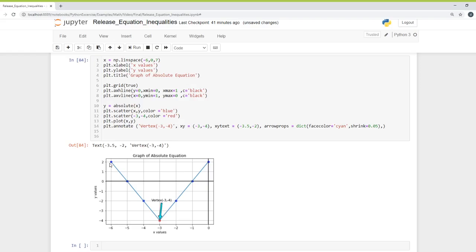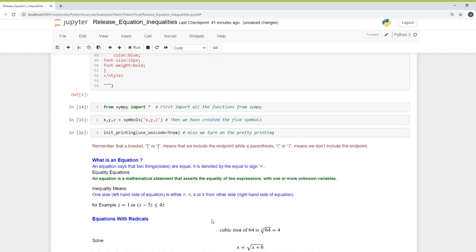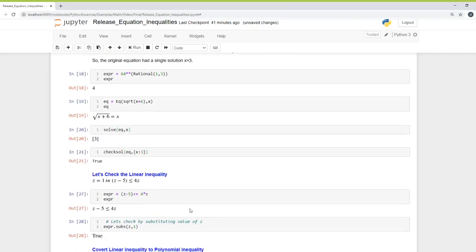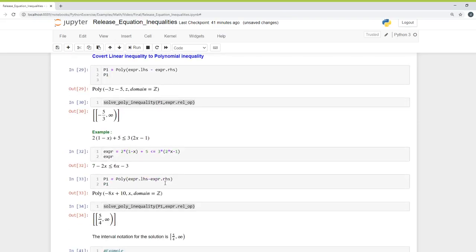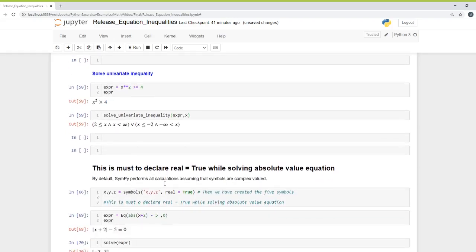The absolute function chart will look like this, and this will be our vertex. So in this video, we have seen equations with radicals. We have solved the linear inequality and absolute inequality, and created the chart of the absolute values.